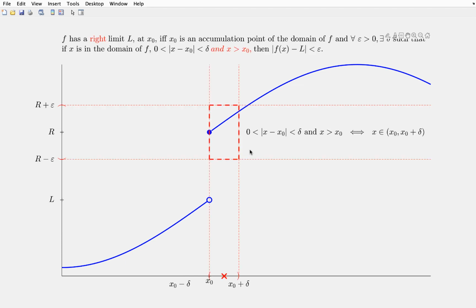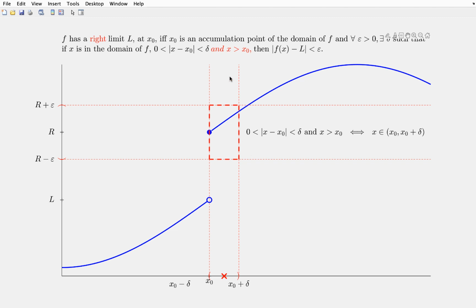Similarly, if I only consider x to the right of x naught, and any x to the right of x naught satisfies the definition of a limit, then I say that f has a right limit, L. Notice x has to satisfy all the criteria of a limit, but only when x is greater than x naught.